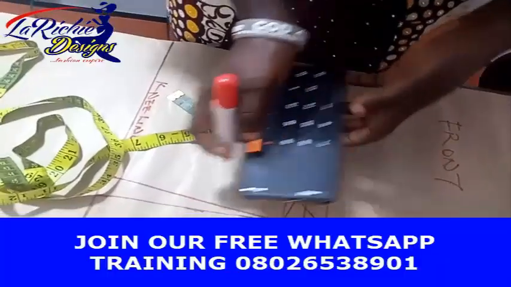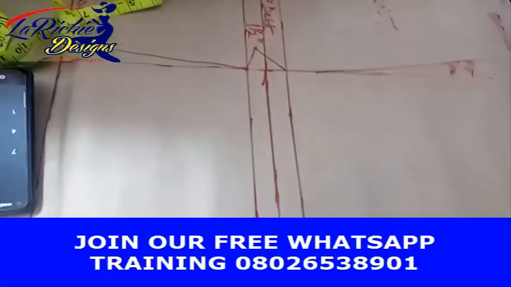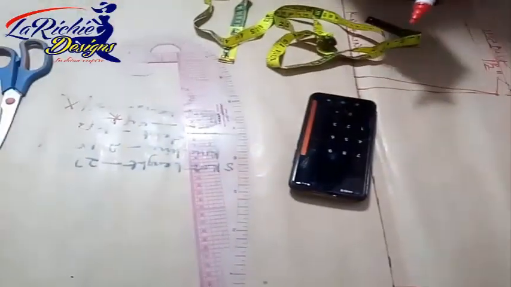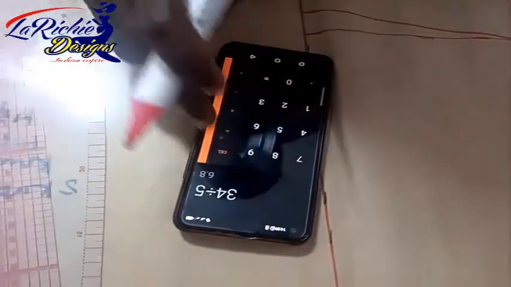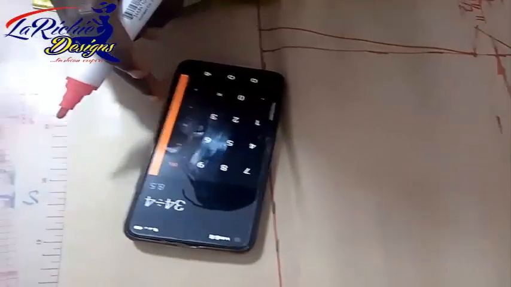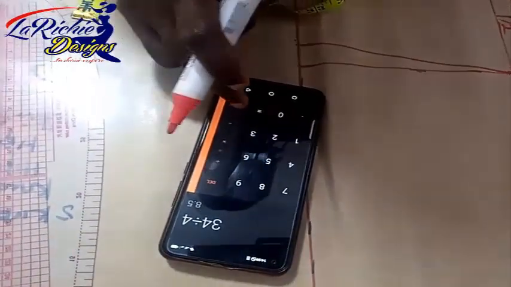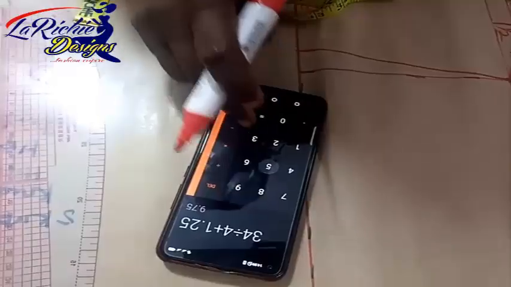For the back, I have 34 as my skirt band. Earlier I said that at the back, we are going to have our dart. So it's going to be 34 divided by 4 plus 1.25.